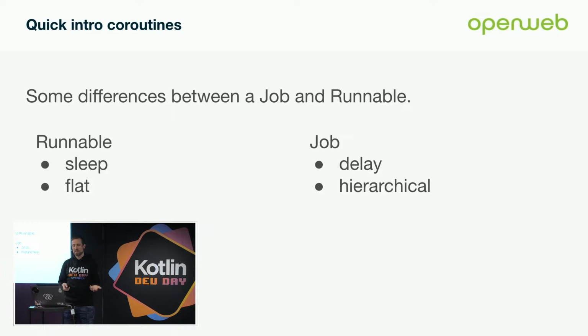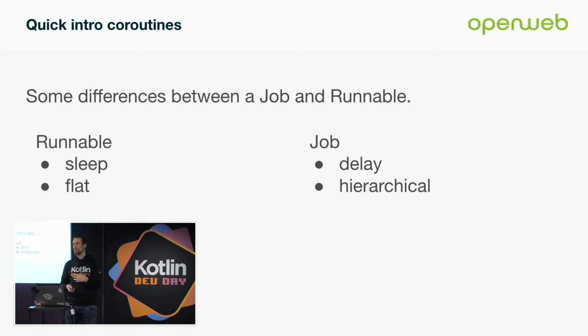With Java, you basically always have a very flat structure. You just have tasks, you just fire them to an executor, and then you can wait till it's done. And with coroutines, you can have them hierarchical, which is nice if you want to cancel them. You can, for example, also cancel the children of the job.